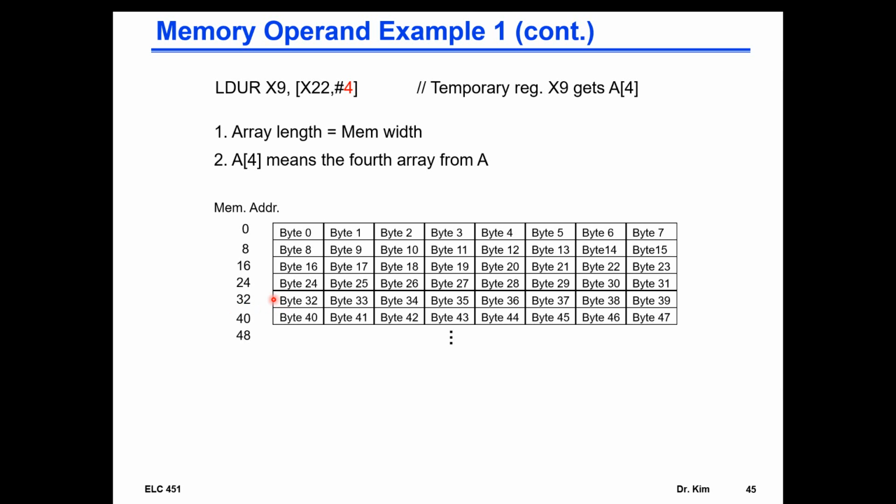We will have to multiply 4 times 8, which is the number of bytes in the data type that the array consists of, which is 64-bit integers, which are 8 bytes. So that would be the correct displacement.